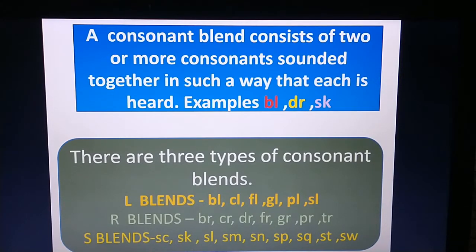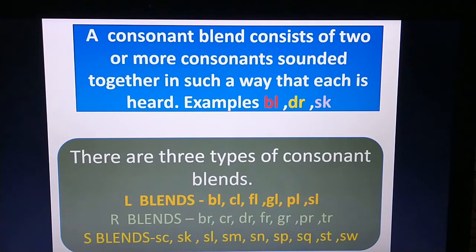Like blood, bla. Now D and R, when we join D plus R, the sound is dra. Sound of D is also there and sound of R is also there. Sound of S is sa. Sound of K is ska.